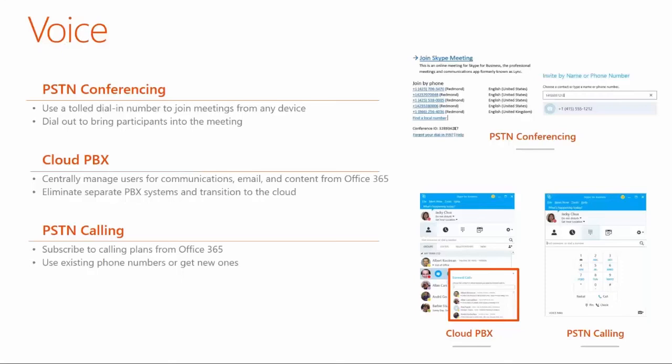Cloud PBX can actually operate with that SIP provider if you're not ready to move 100% to the cloud. Many businesses utilize a Cloud PBX for domestic and international calling services, and many of them with Office 365.